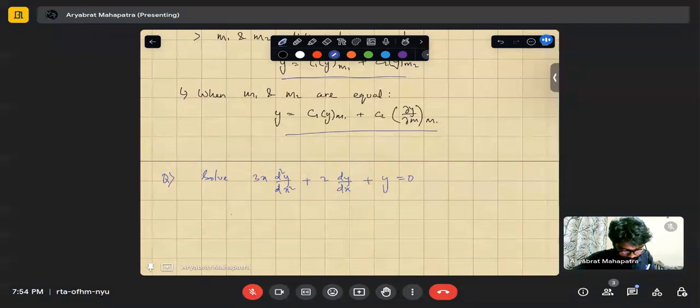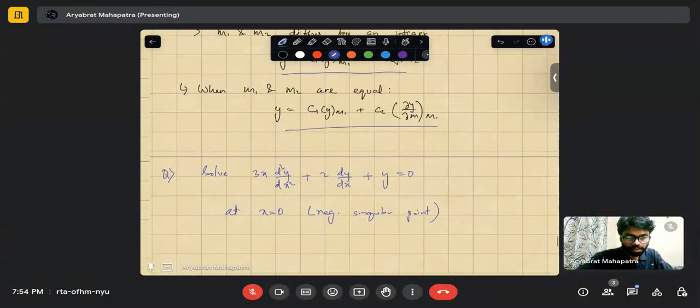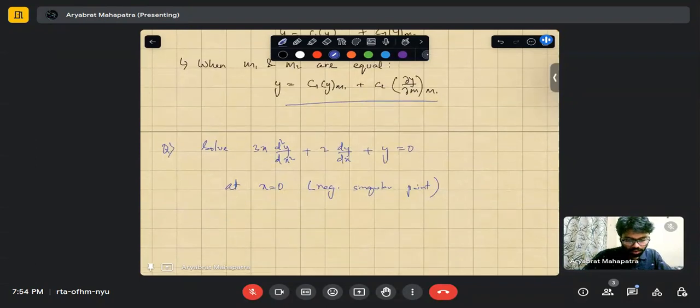Here you will see that at x equals 0, you have a regular singular point. So about x equals 0, when you have a regular singular point, you can use the Frobenius method to solve this kind of differential equation.